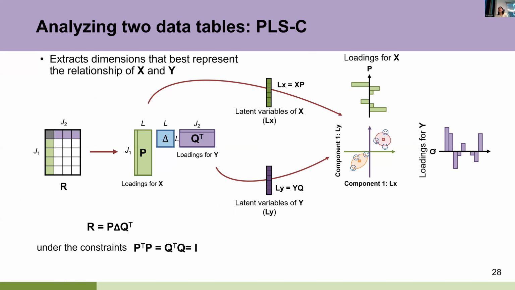I wouldn't say multiple PCA. I would say it's similar to doing a single PCA, but on the correlation matrix between these two data tables. So PCA extracts not just one dimension.